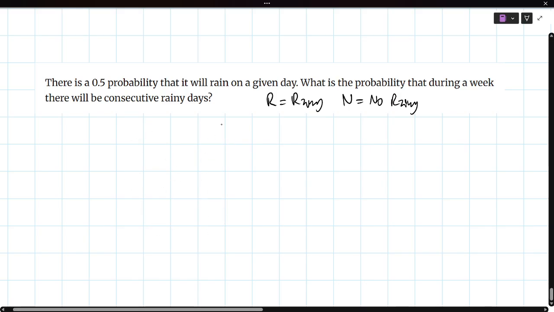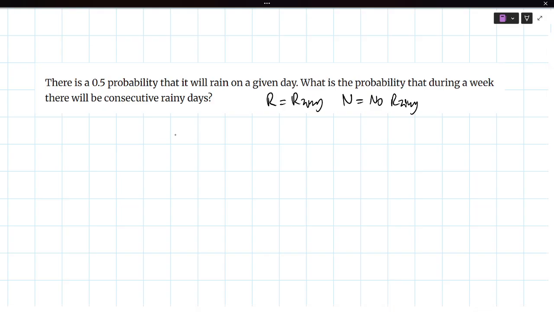I want to find the probability that there has been consecutive rainy days somewhere in the week. However, as I've shown, there are multiple ways to enumerate that, and that's going to take way too long. So the probability we're looking for is consecutive rainy days.